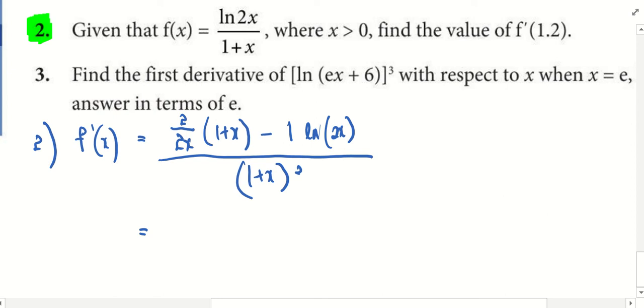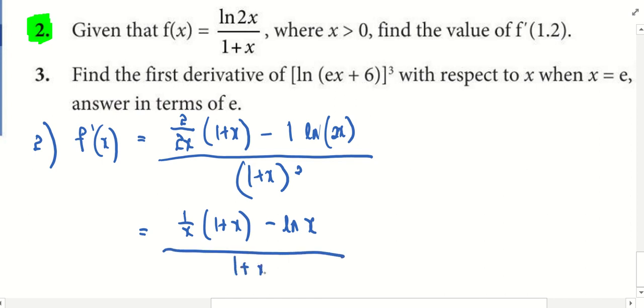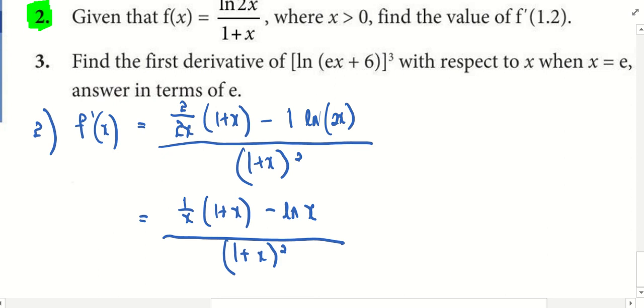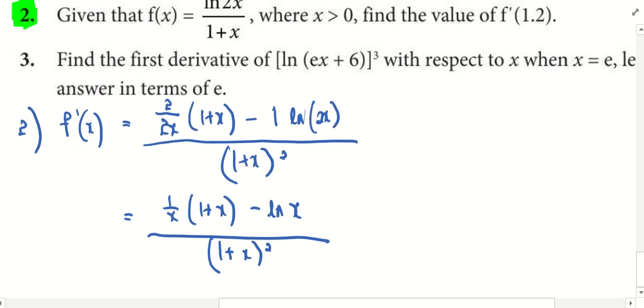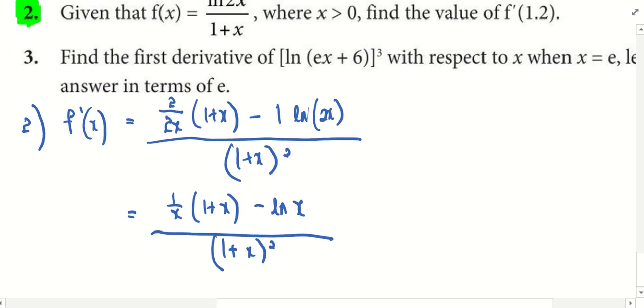So in other words, I just need to simplify. Okay, I don't write 2 over 2x. I just write 1 over x. Okay, after that, I don't want to simplify further already because there's no way I can actually factorize. Am I right? So actually, straight away, substitute the value of x to be 1.2 inside and press the calculator.